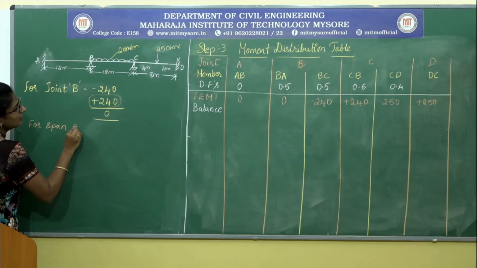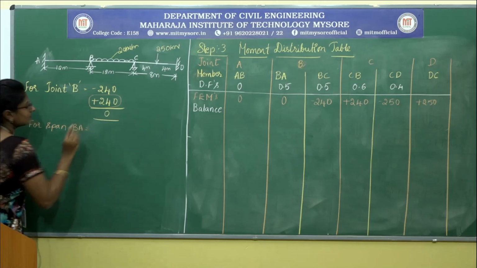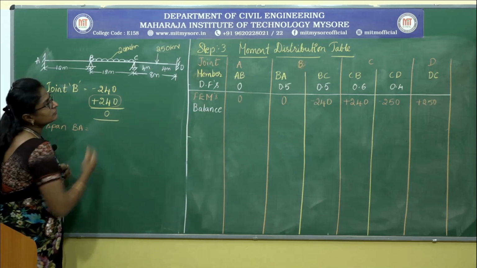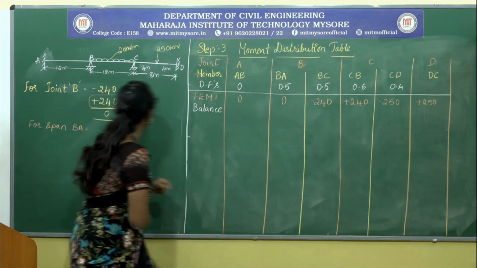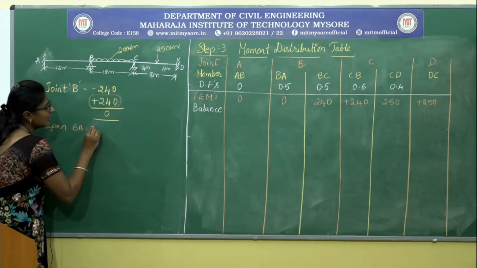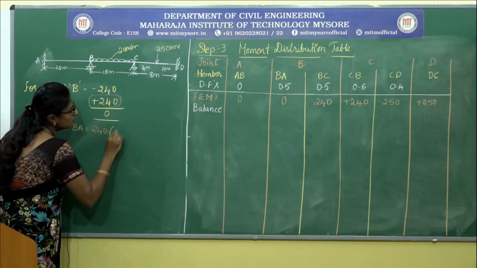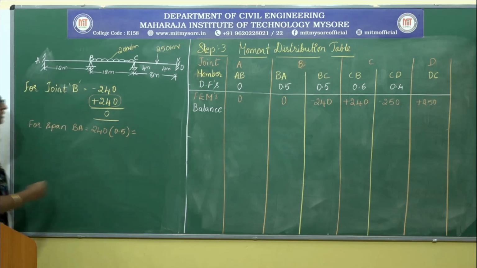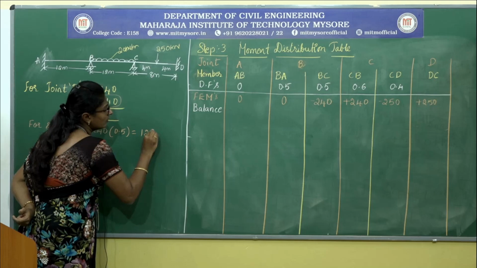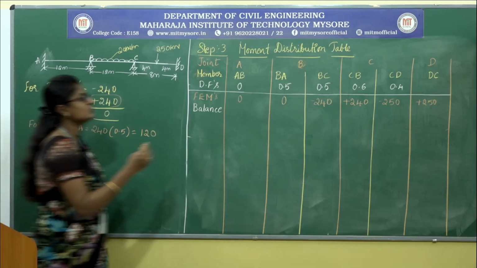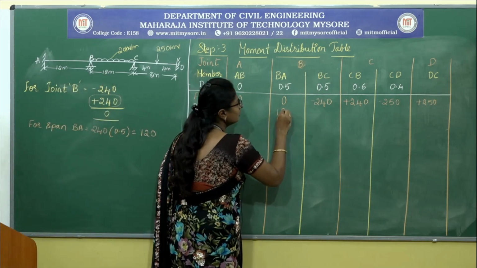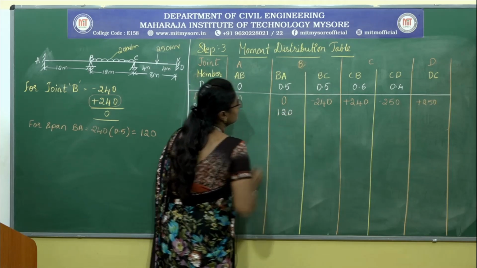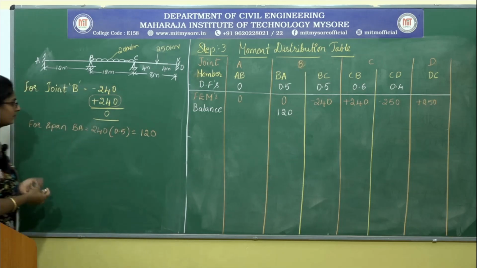Now, for span BA, what is the distribution factor? It is 0.5. So, for span BA, this balanced moment is to be multiplied by the distribution factor which is 0.5 will give you 120. So, this is the balanced moment for member BA which is plus 120.